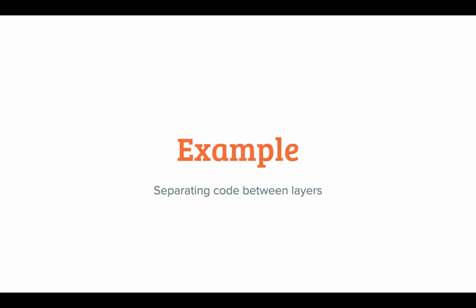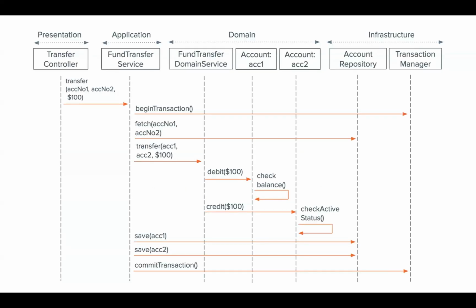Now that we understand the layered architecture pattern and the responsibility of each layer a bit more, let us put that in practice. Consider a scenario where we need to transfer $100 between 2 bank accounts. Now, how would we separate the code for this scenario between the different layers? For this scenario, we may have a transfer controller class in the presentation layer.